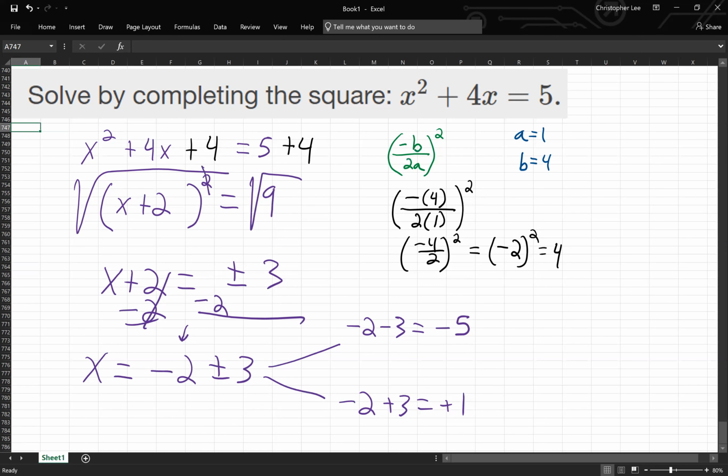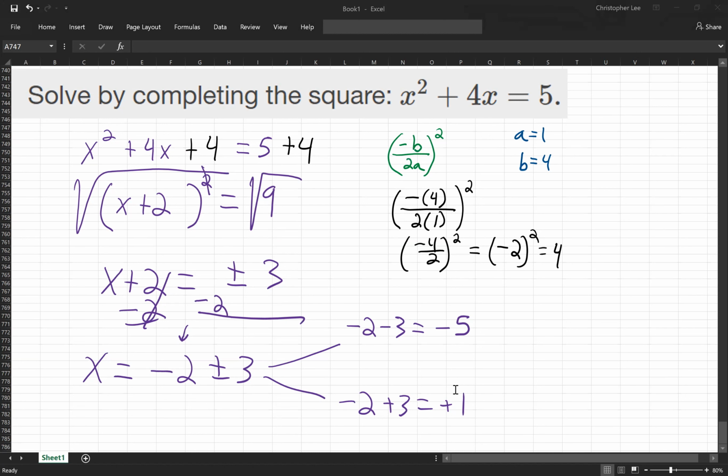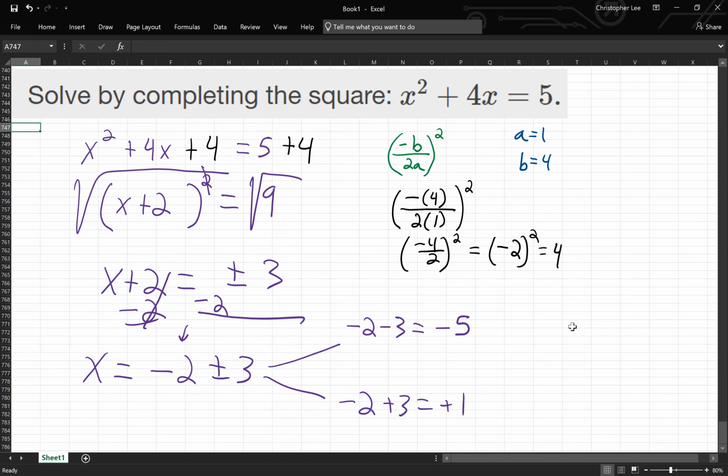It's a little formula, negative b over 2a, squared. This one is nicer though, if you ask me. It's just that little green thing you gotta remember, and that's it. Negative b over 2a squared. So it doesn't matter which one.